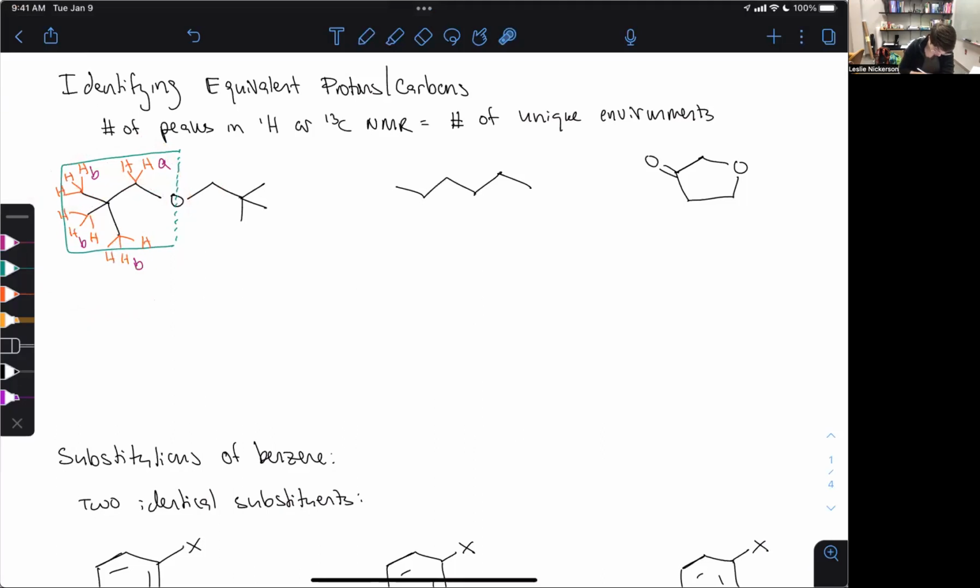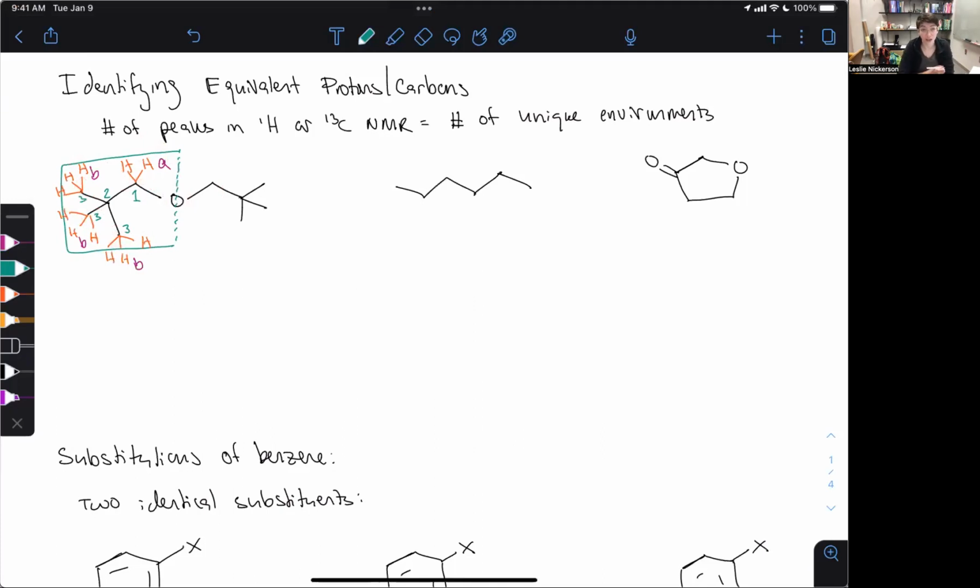Let's look at the carbons real quick. For carbons, I've got this CH2 peak. I've got this carbon that's attached to 3 methyls, so those are 2 different things. And then again, we're looking at these 3 methyls. Those are all going to be the same. It's basically like a methyl of methyls, where we have all of those planes of symmetry around. So we're going to have 3, 3, 3.